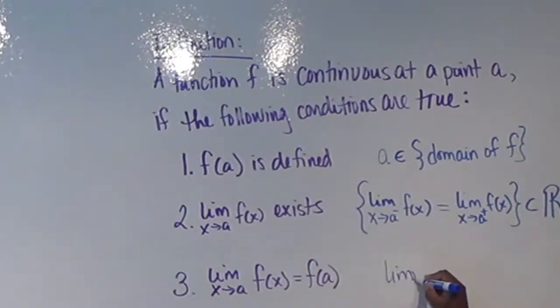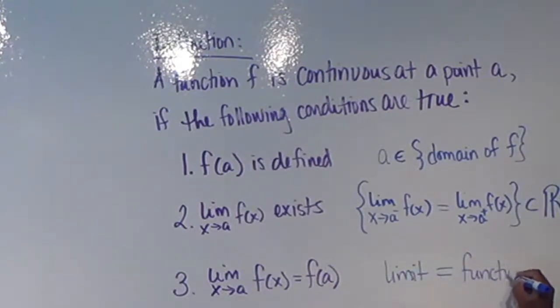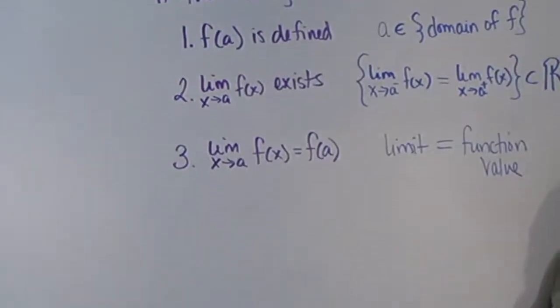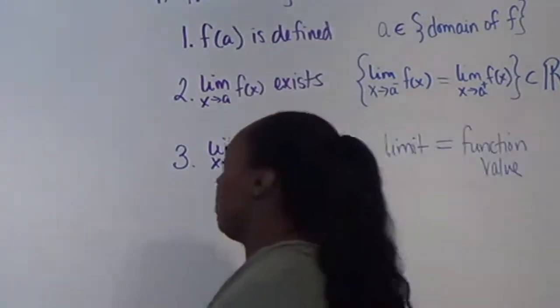So basically our limit has to equal the function value. Okay. If we have an a that does not meet one of these conditions, and again it only has to fail at one in order for it to be not continuous, then we say the function is discontinuous.